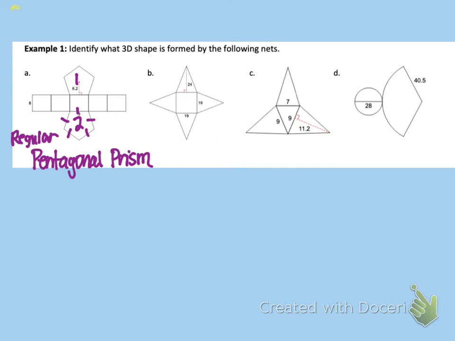And then you might even call it right, because the whole lateral surface is a rectangle. So if we were to make this into a 3D figure, the 2 bases would be right over top of each other, so the sides would form a right angle with the base. So we could also throw in that it was right, R-I-G-H-T. That's another way that sometimes we'll classify.